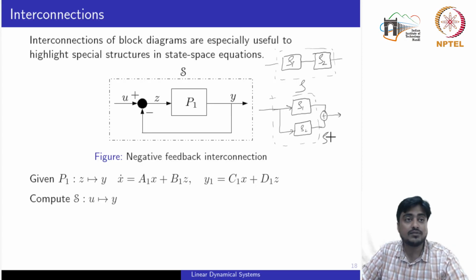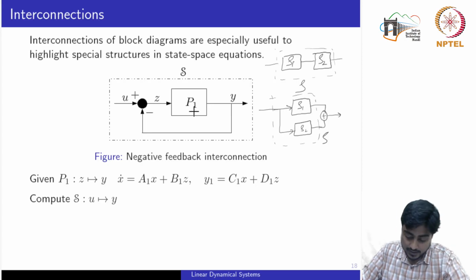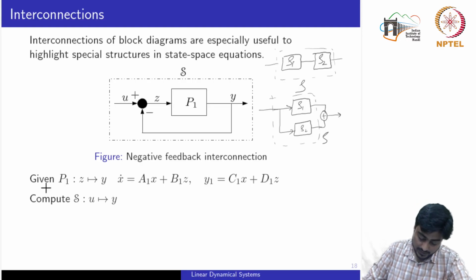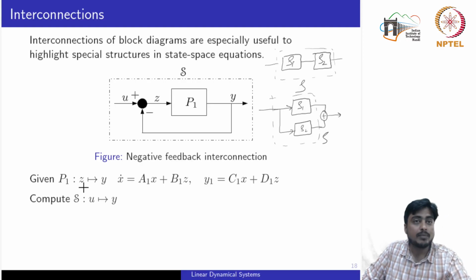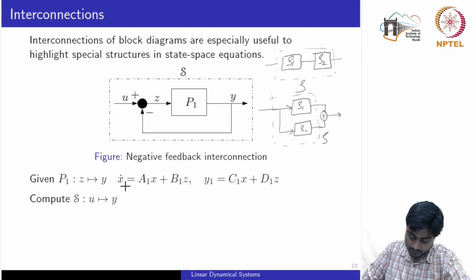Here we would see the feedback system where we define the dynamical system by P1 having an input and output variable as z and y, and this y is fed back to the plant P1. Right? Now given this P1, which is basically a mapping from z to y, denoted by this state space representation where we have assumed that A1, B1, C1, D1 all are constants.